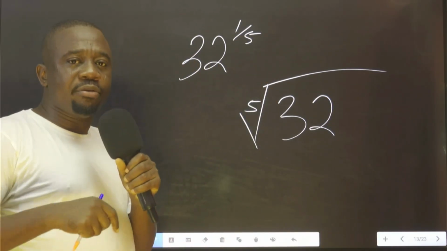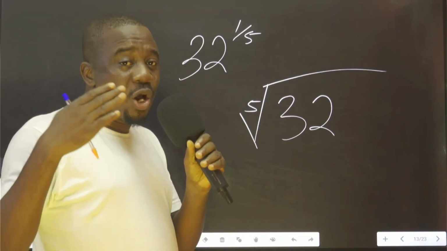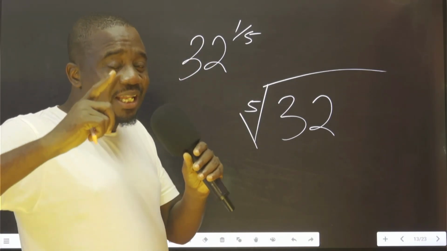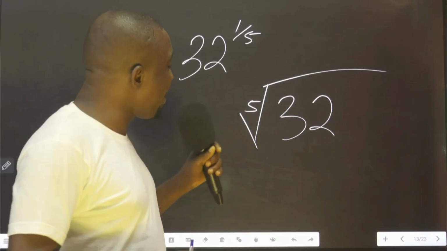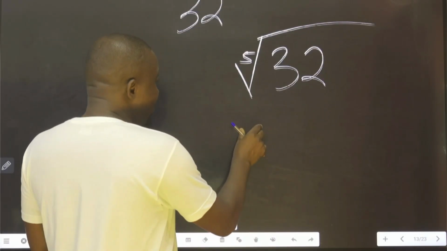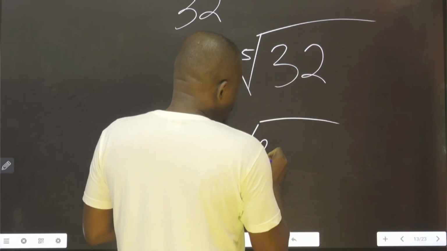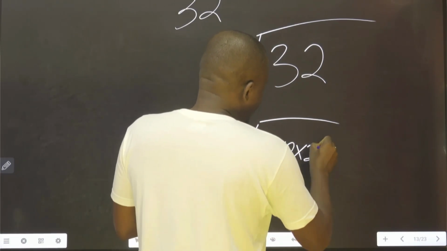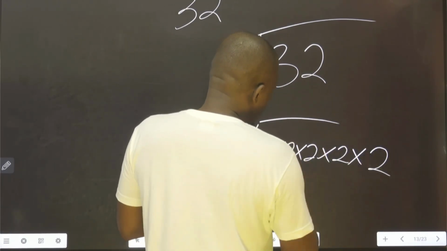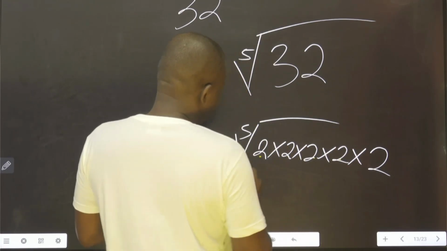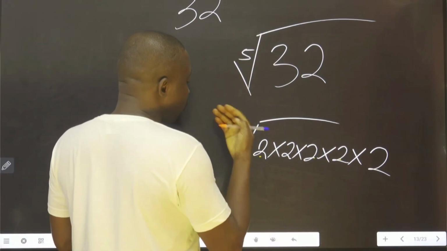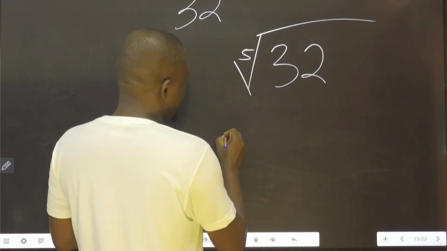What is the meaning of 5th root of 32? That is, what is that number? If you multiply same number 5 times, you have 32. That number is 2. That is 2 multiplied by 2 multiplied by 2 multiplied by 2 multiplied by 2. 1, 2, 3, 4, 5. You are simply going to have what? 2.